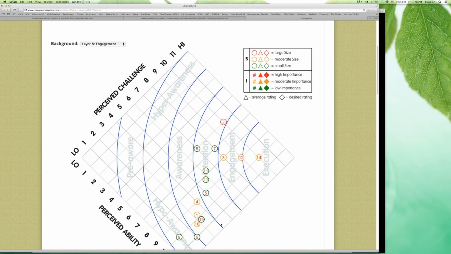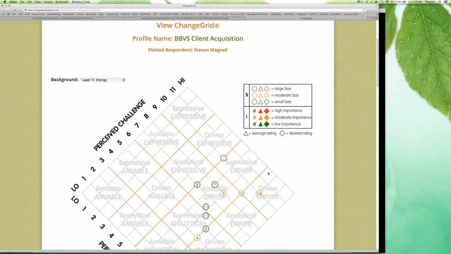Right there is that driven analytical. And the analytical is just all about downgrid awareness and hypo awareness. So I think this is really great. You guys are kind of seeing insights from multiple layers or pulling insights from multiple layers.